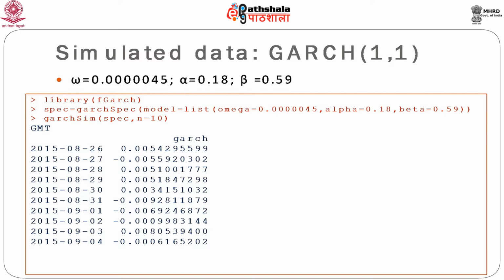If it is not there on your computer, you can install it with install.packages and then specify the parameters. The garchSpec function is available in the fGarch package, and there you can assign the model parameters as model equals list, omega equals the very small value that I assume, alpha equals 0.18 and beta equals 0.59. The spec object can be stored under any name; I here write it as spec.